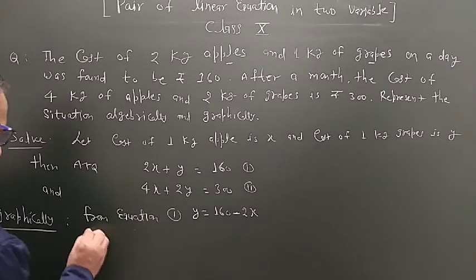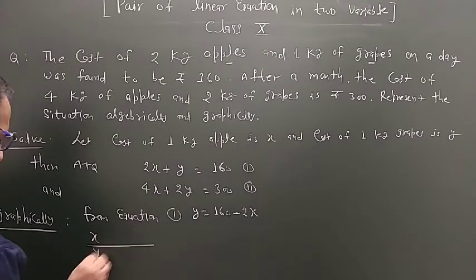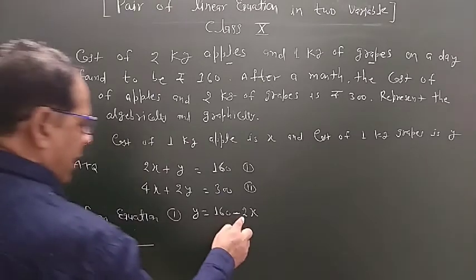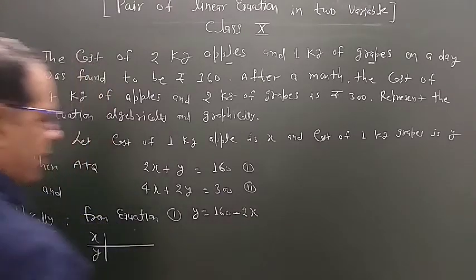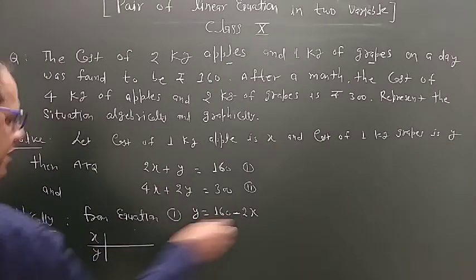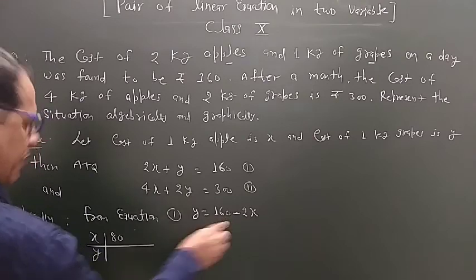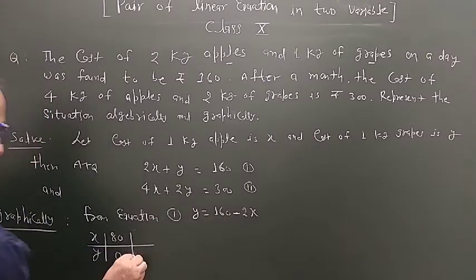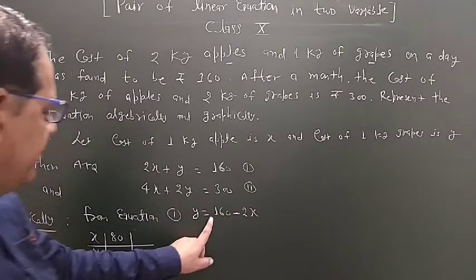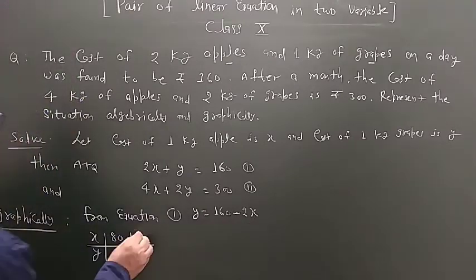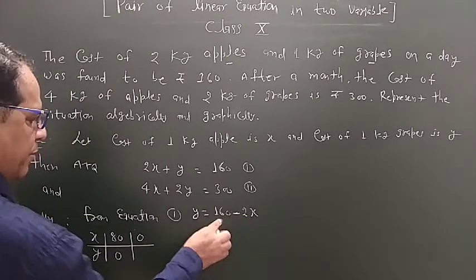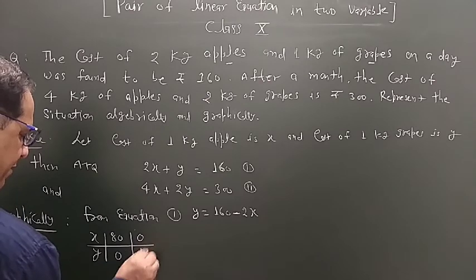Make a table of x and y. Put the value x equal to 80, so we have y equal to 0, and again if we put x equal to 0, then we have y equal to 160.